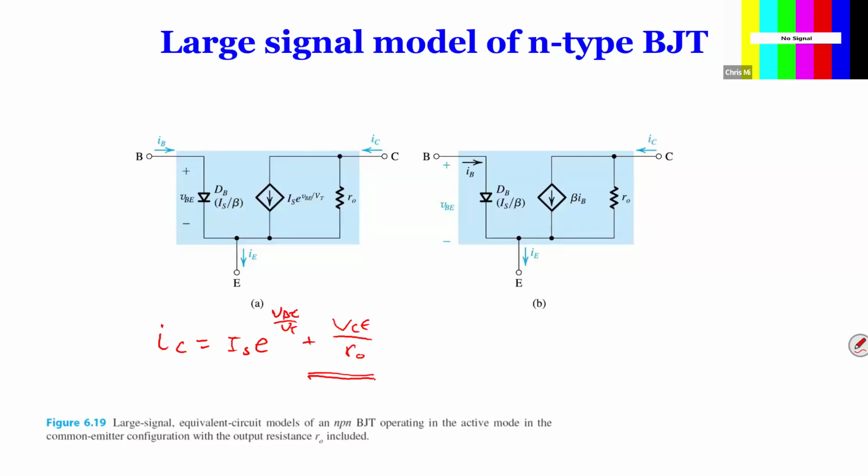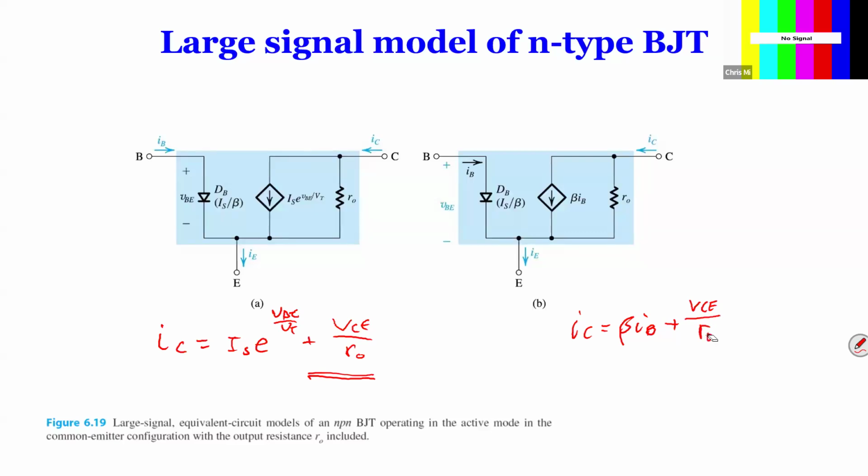The equivalent circuit on the right-hand side just converts this: instead of using IS times e to the power VBE over VT, we simply convert it to beta times IB. So in this case, IC equals beta times IB plus VCE over RO.